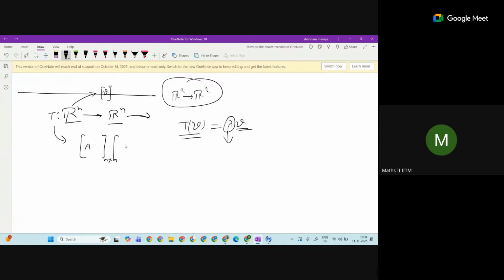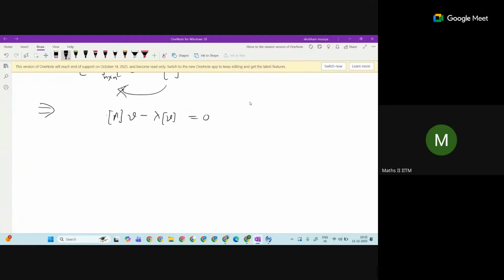Such vectors are called eigenvectors, and this number is called the eigenvalue. It is the same if you multiply the vector with the matrix representation of T, which is A: we get A V equals lambda V. Then you can send this to the other side, and you get a method to find the eigenvalues and eigenvectors, which you know already, in 2 cross 2 at least. So this is equal to 0.